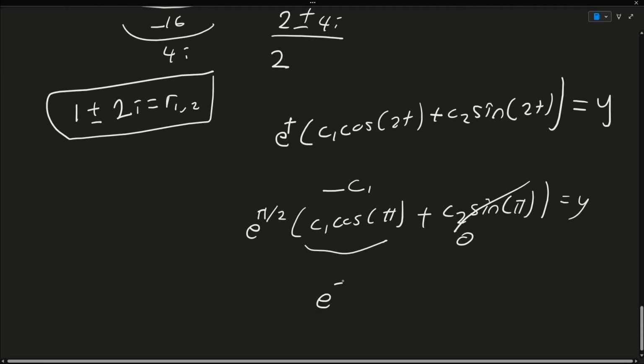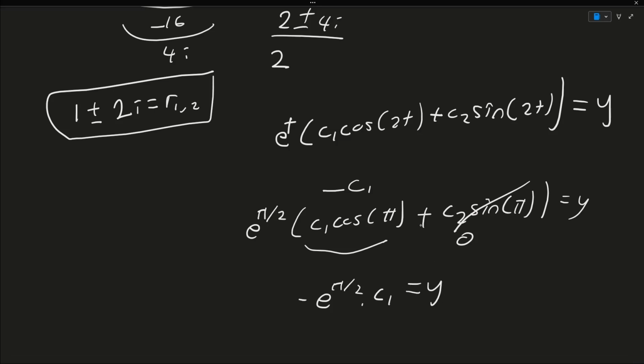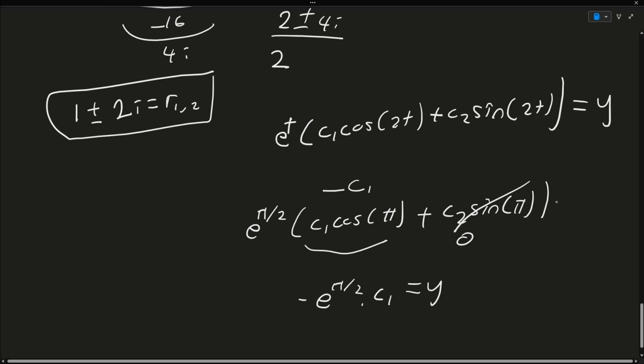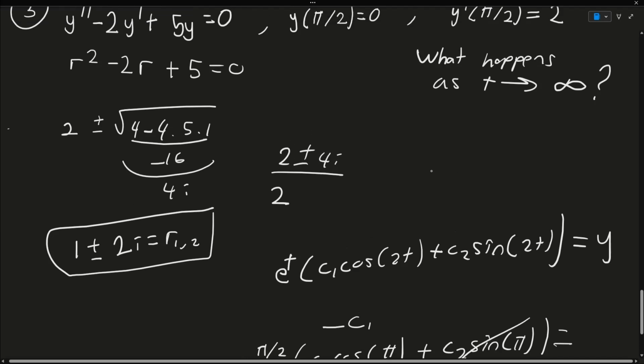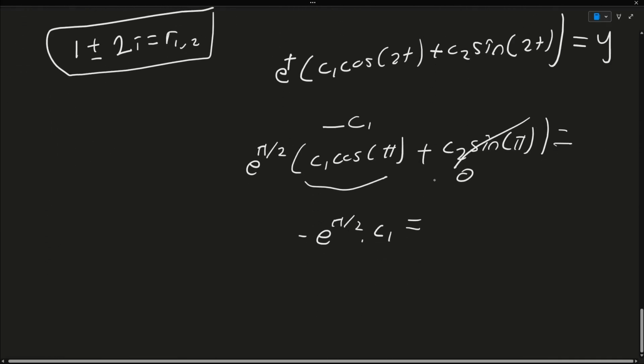So negative e to the pi over 2 c1 equals, I'm sorry, this is not going to be y, this is going to be the value we are given. Let's fix that. We are given 0.